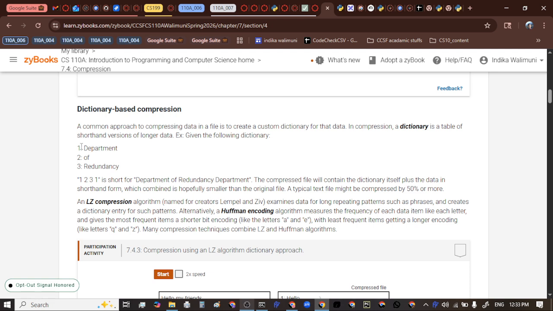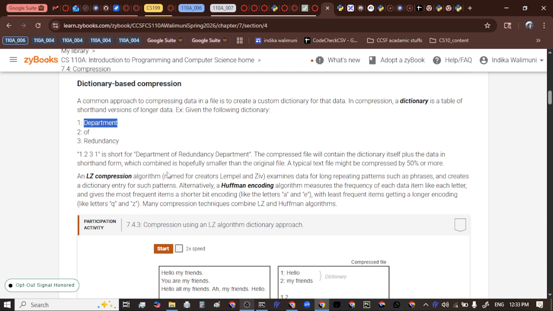In this case, letter 1 represents department, letter 2 represents of, letter 3 represents redundancy. So if you have this phrase, department of redundancy department, in short you can write it as 1 2 3 1, and that's the compression.